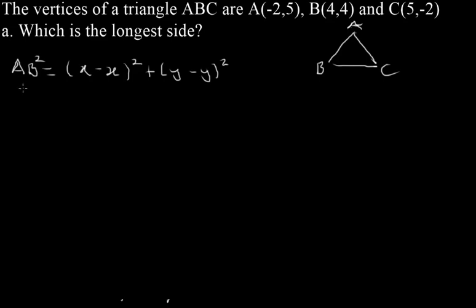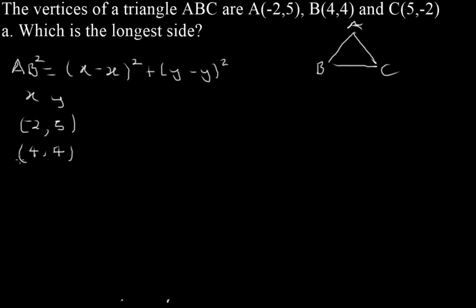So for AB, what are the values of x and y? So we've got x, y, and the coordinates of A are negative 2, 5, whilst the values of B are 4, 4.